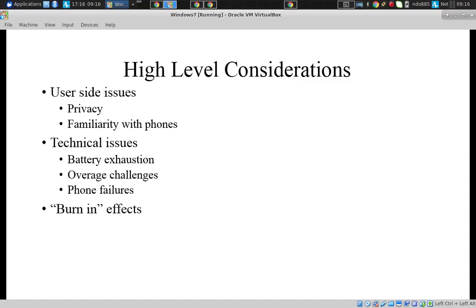Particularly for phones with lower batteries, like often lower SES individuals might have phones where the battery is old, or it's a model of phone with a less strong battery. And if you start cutting their day short because their battery runs out, that's an issue.